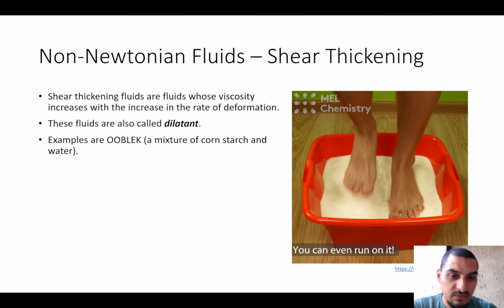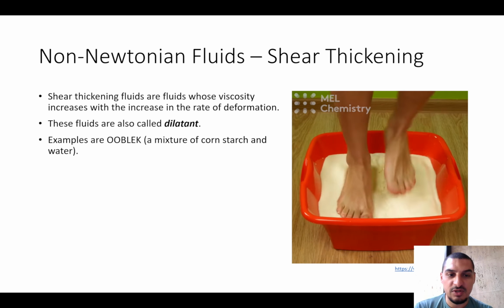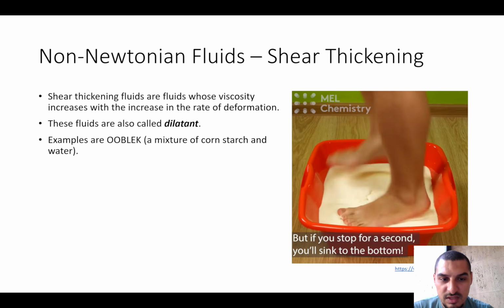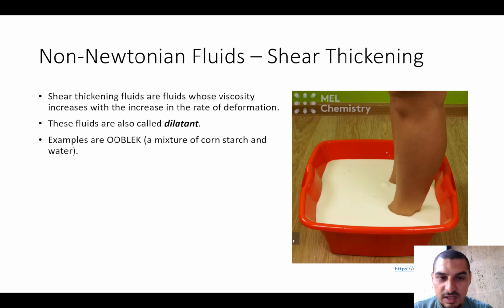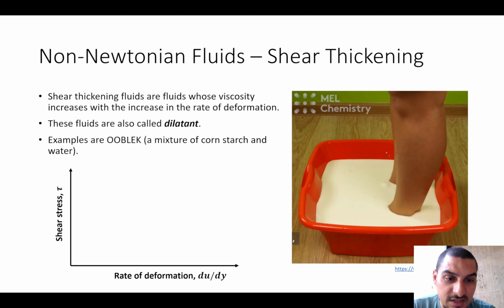And for this case, jumping on this fluid is like a lot of shear. After stopping this shear, it behaves as a normal fluid. So this is an interesting thing. The viscosity seems to be very high at high shear stress and very low at very low shear stress.